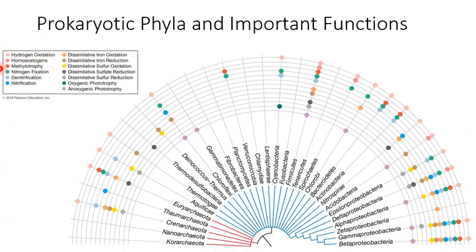Then you have the acetogens, which are bacteria that generate acetate. You can see there's not that many of them, but they're around. Then you have methylotrophy, which is the using of organic compounds that do not have carbon-carbon bonds for energy as electron donors. That means basically organic compounds that only have one carbon in them.